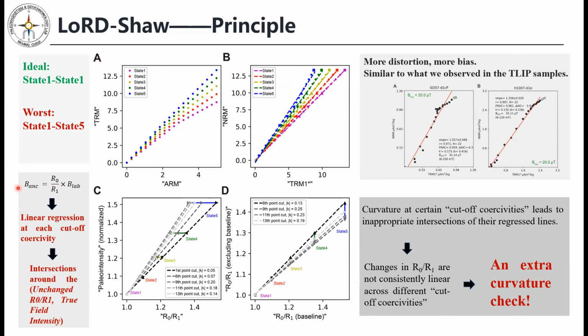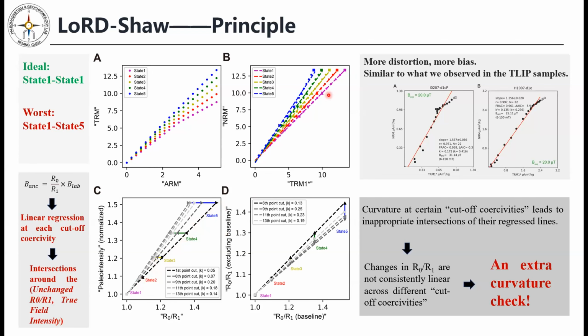So remember this formula that the paleointensity estimation is proportional to its R before and after the heating. So we can do linear regression at different cutoff coercivities. For example, we use the first point cutoff and we have the paleointensity from the slope of these regression lines, and we have the R before and after heating of these squares. So we have a regression line denoted by these black dotted lines.